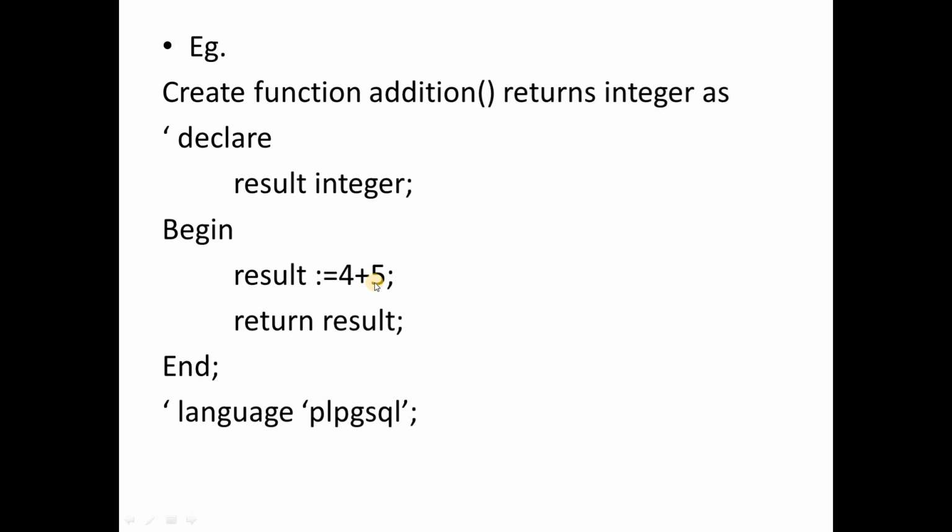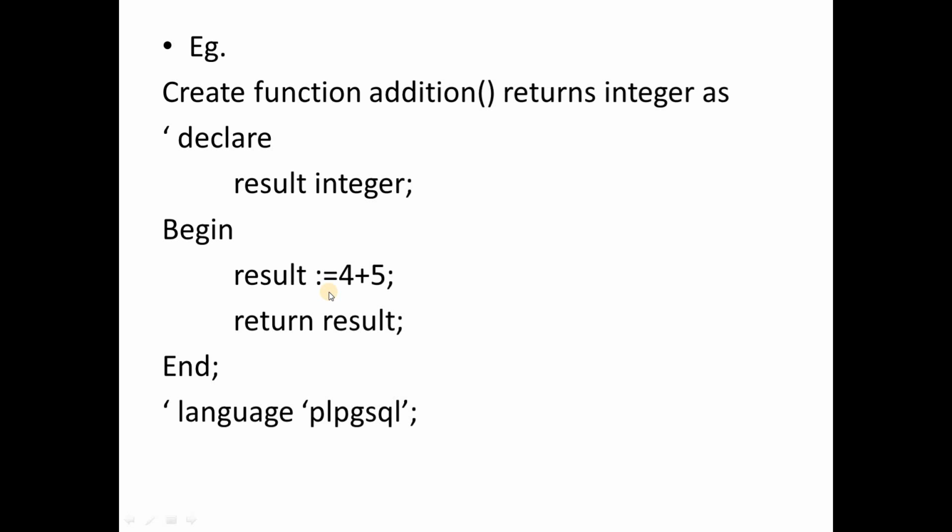Whatever the addition is after adding these two numbers, which is 9, this 9 is assigned to your result variable, which was declared before. We assign this addition by using the assignment operator, colon equal to. A statement which returns some value is known as an expression.